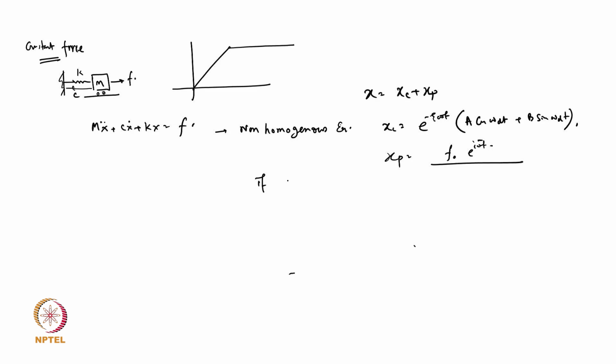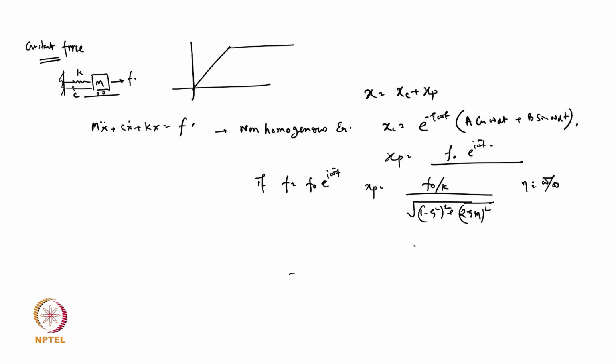So if f is equal to f0 e to the power i ω̄ t, then how will your xp be? f0 by k over the root of (1 minus η squared) whole squared plus (2ζη) whole squared. Yeah, that would be your solution, where η is equal to ω̄ by ω.